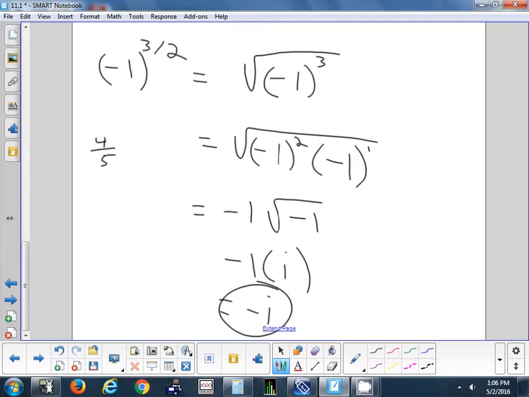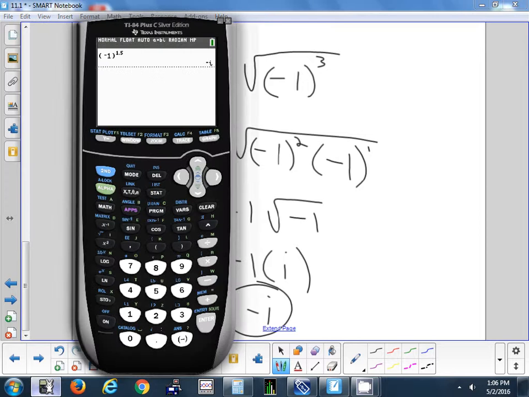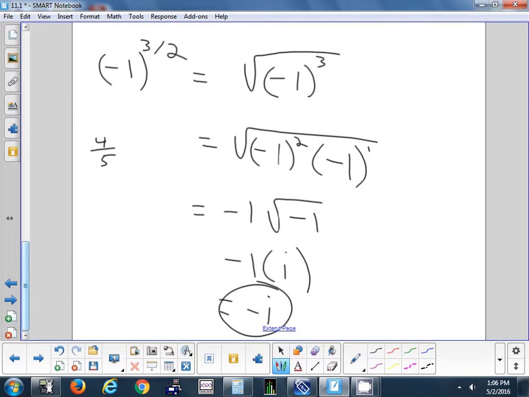Because that's taking a 5th root. That might work. What's 4/5 as a decimal? Yep, that works fine. Okay, so basically, if you could write your exponent as a fraction and the denominator comes out odd, you can take odd roots, no problem. You just can't do even roots.